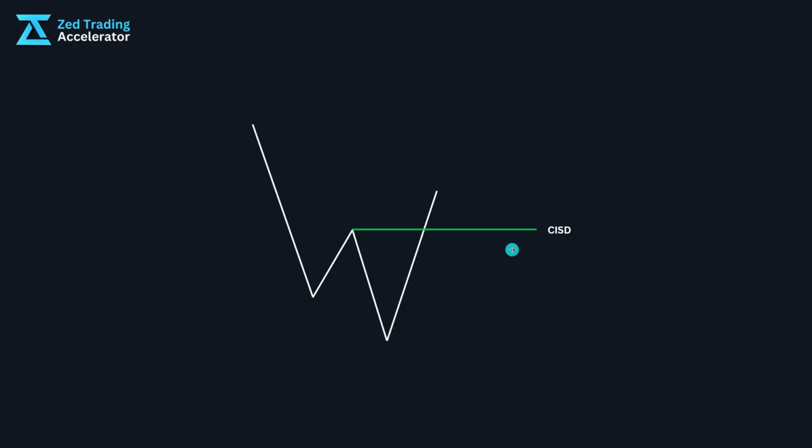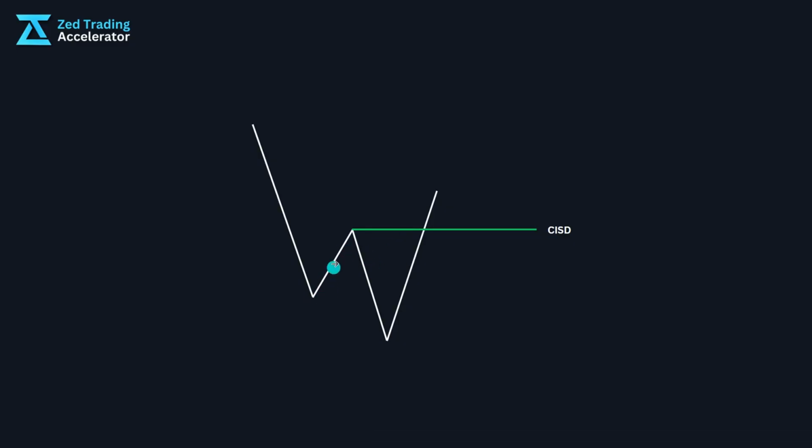So what does it mean? It means we have now shifted into the opposite side of the market, right? So for example, we are bearish, we have now shifted higher to the opposite side of the market. This is a sign of reversal.